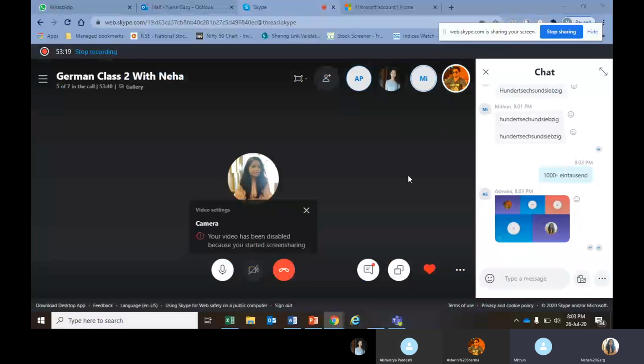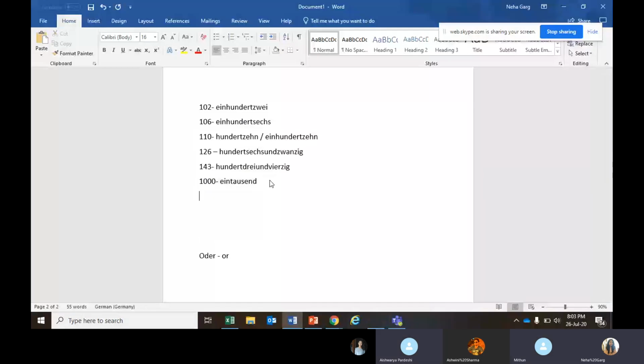So similarly, if we are writing 1012, it would be similar. Like we would be saying 1000 first and then 12. This is for 1012, right? Had it been 1112, we would have written 1112. For the 13, let me write.